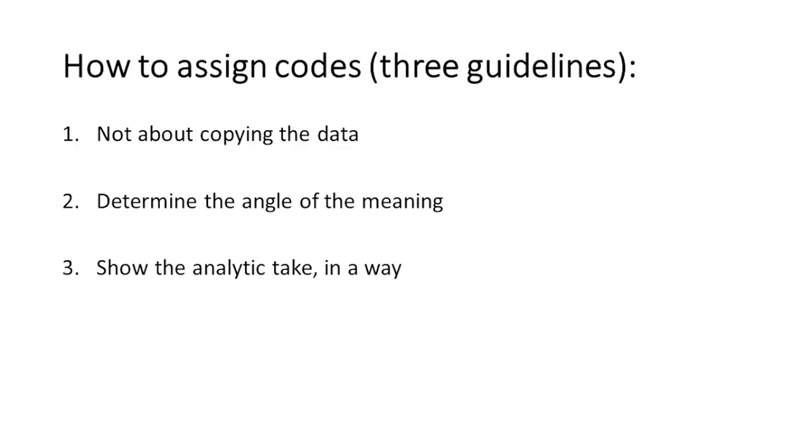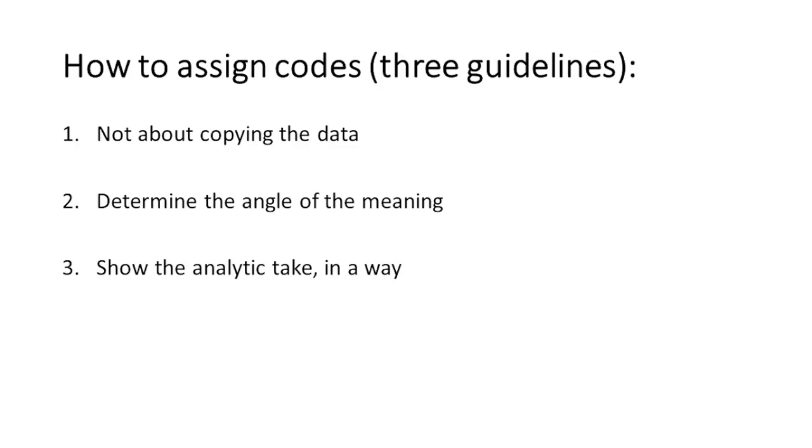The second rule is identify the particular angle of the meaning. What do they mean by that? Well, a good code label should not be too broad and should contain some indicator of the specific meaning in the data. The third rule is indicate your analytic take somehow.